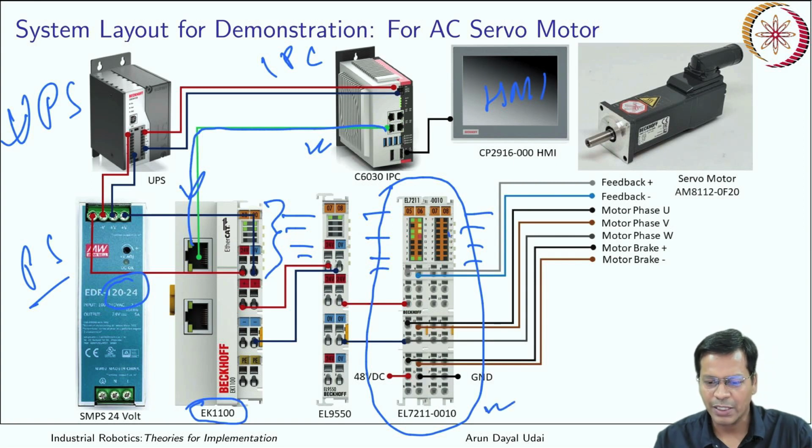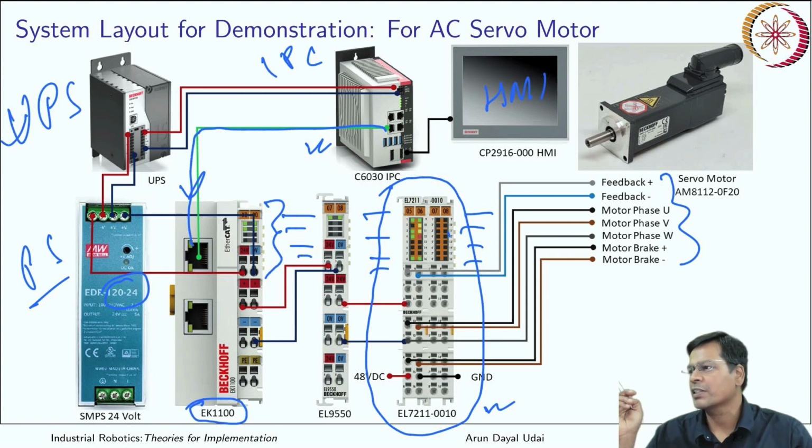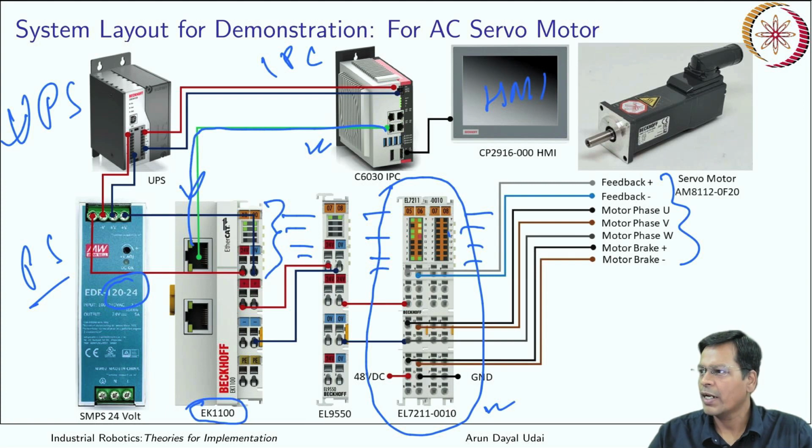Now these are the connections which you can make. This is basically for the feedback. You see, 2 feedbacks, that means it must be some optical encoder. Then the motor phases UVW, a 3-phase wire is there, and then there is a connection for the brake also. But the motor which I have used, AM8112, doesn't have the brake, so these were not connected. Others were connected.